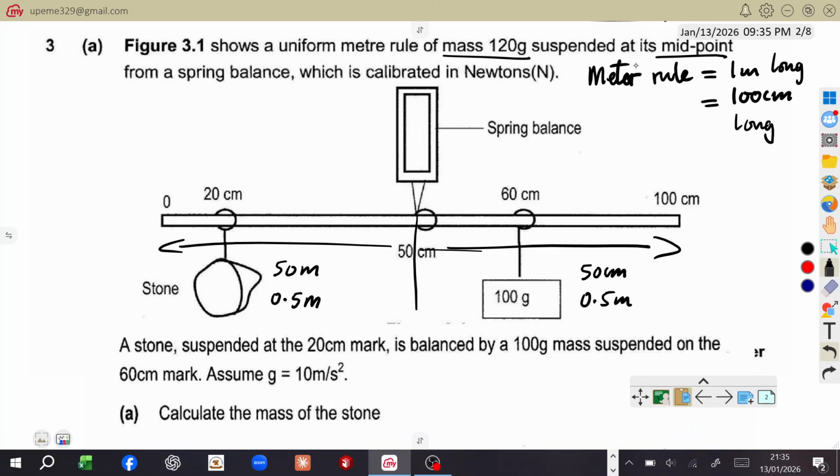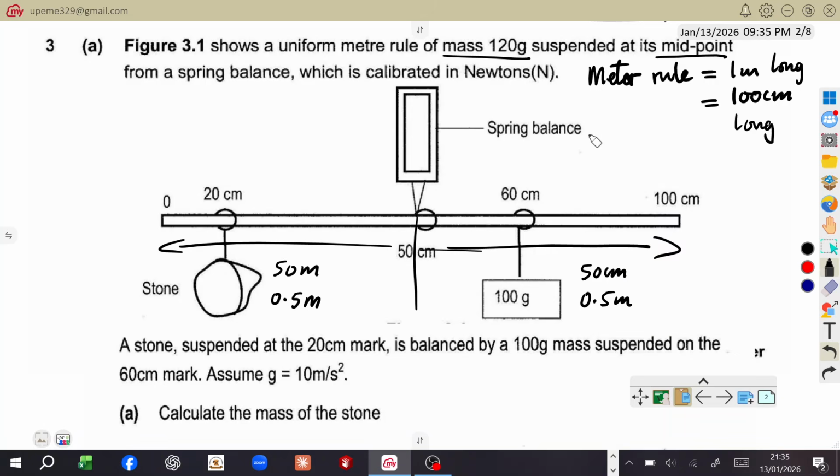So it is suspended at its midpoint from a spring balance, which is calibrated in Newton. What does a spring balance do?